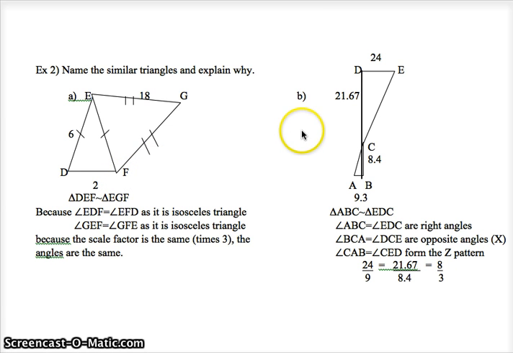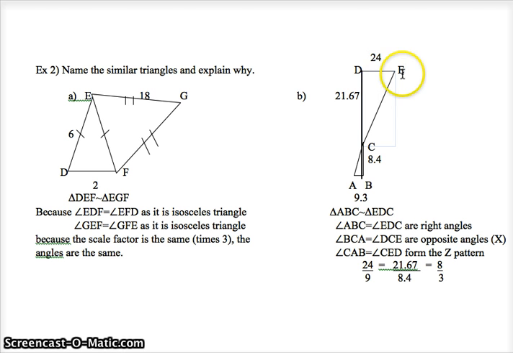If we look at our second example, B, using these two triangles, if you want to think of the corresponding angles, you could rotate this triangle, okay, and put it next to it, and we would be able to see that ABC would be the same as EDC. Okay, we can see that because ABC is the right angle, as is EDC. We can also see the X pattern, so we know that our angle BCA is the same as DCE.